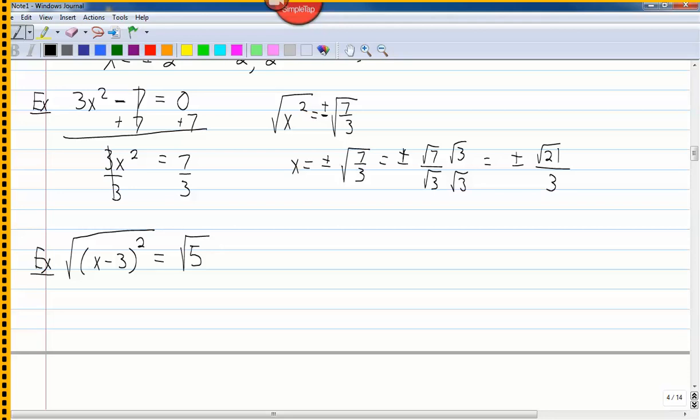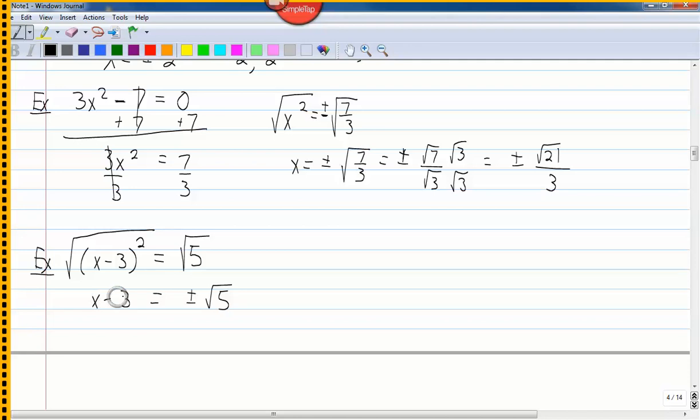Anytime you take the square root of both sides of an equation, you want to put a plus or minus in front of the constant side. So the left side, that gets rid of that radical. So this is now x minus 3 on the left side equals plus or minus the square root of 5. Regardless of whether we can take the square root of this number or not, we have to put a plus or minus in front.